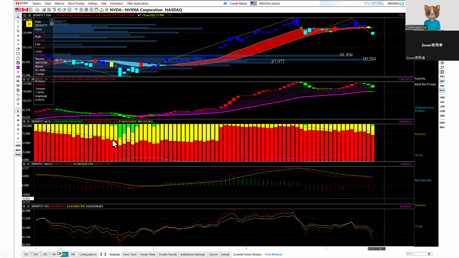In other words, whales have to dominate, have to take full control of the stock so that the stock price can rise. And 75% is a very ideal number for the stock to pick up lots of momentum. So every time I'm doing my analysis, I pay very special attention to all these numbers because they hint at lots of important things.